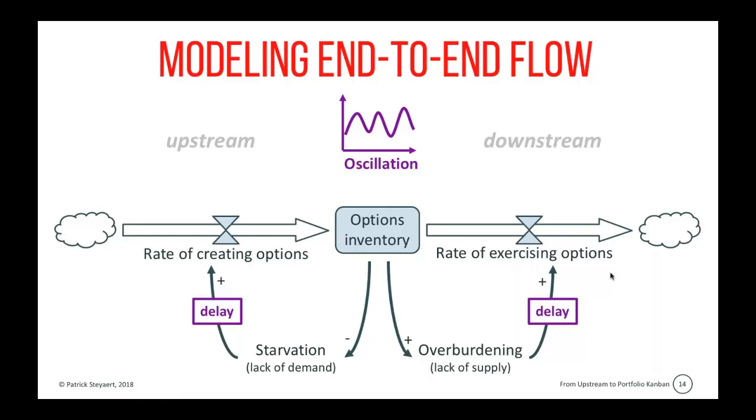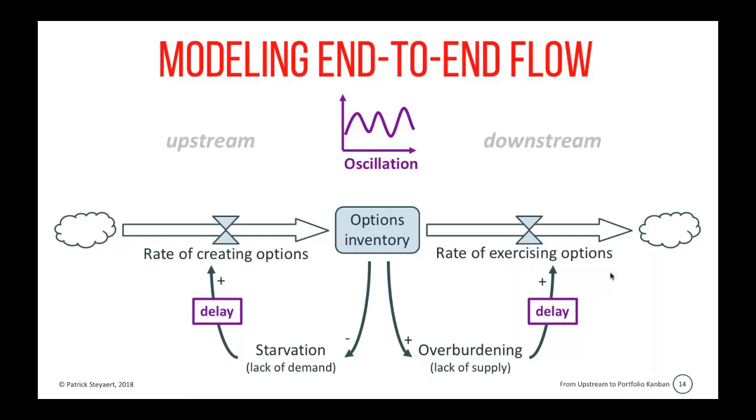So if demand was not oscillating from the start, which it typically does, because of the delays in creating options, it actually starts oscillating by itself. So we need to deal with that oscillation.